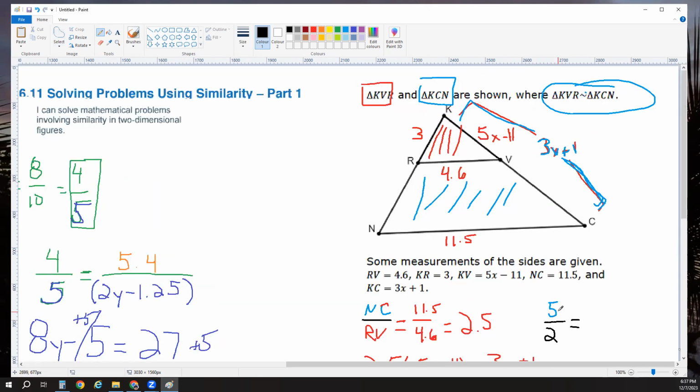The respective lengths I'm comparing are KC, which is the long one. So this will be 3x plus 1, right? 3x plus 1.